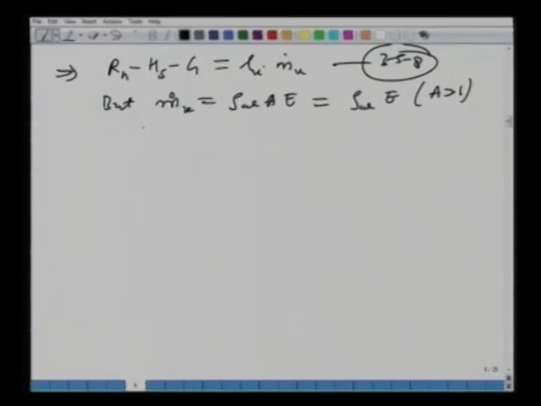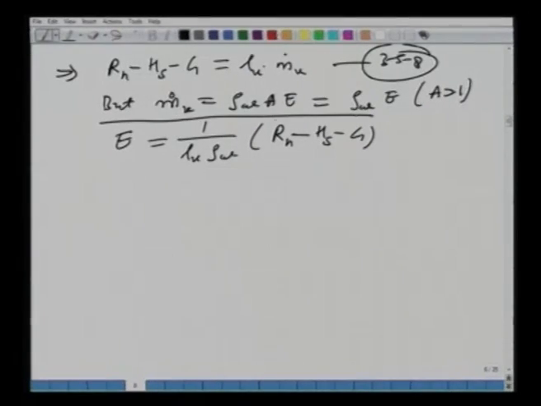So, we put all these things into 3.5.8. What we are going to get is then E is equal to 1 over LV rho w times Rn minus Hs minus G. I am sure that this equation sounds quite familiar to many of you.